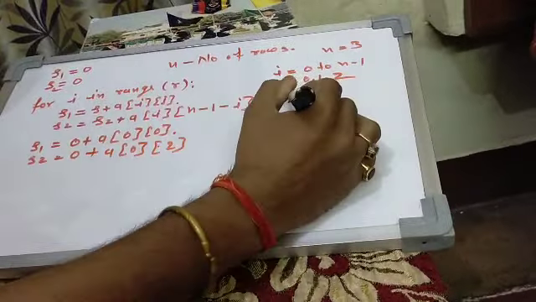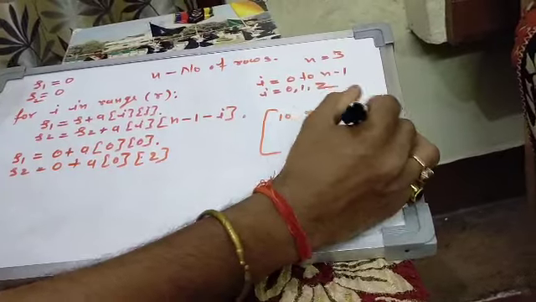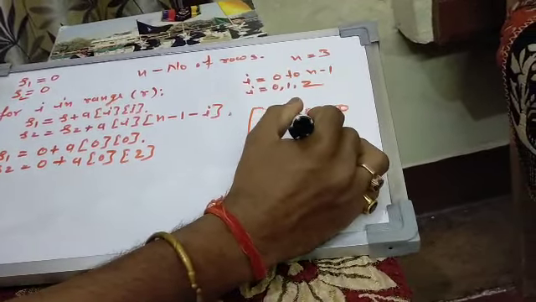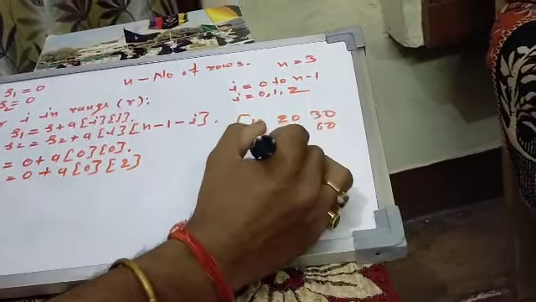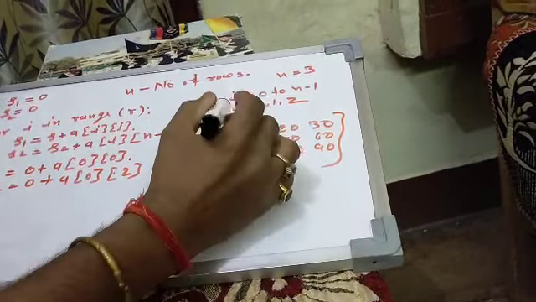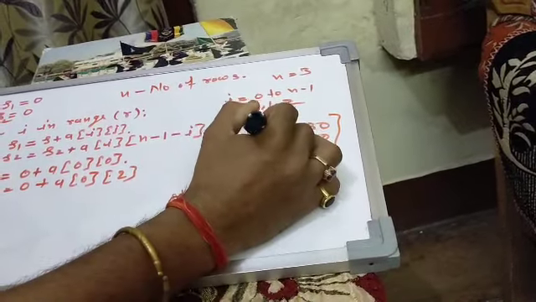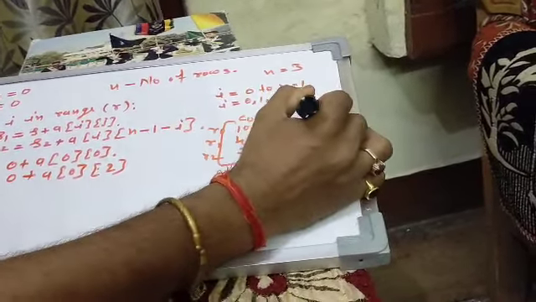So if matrix is 10, 20, 30, 40, 50, 60, 70, 80, 90, R0, R1, R2, C0, C1, C2.